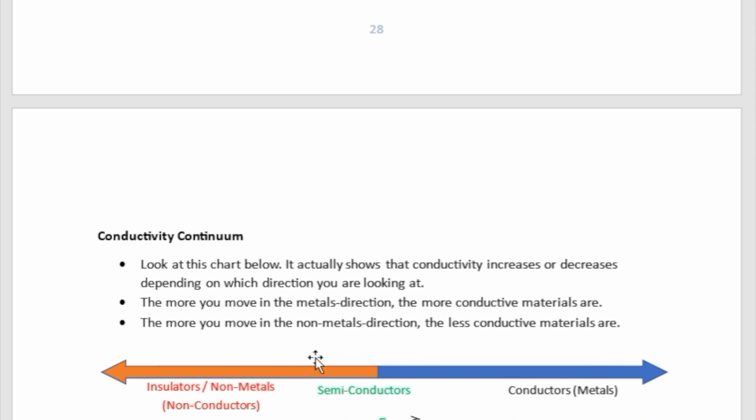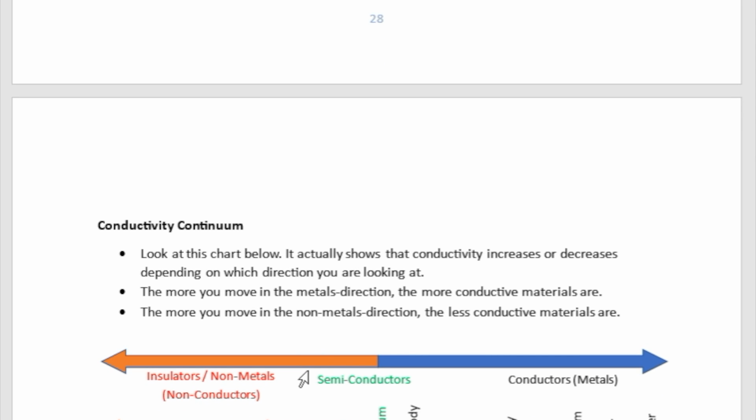So these different kinds of materials establish for us what we call the conductivity continuum. What's the meaning of that? As you go down this continuum to the left, things become more insulative, more non-conductive. And as you move over to the right of this continuum, materials become more conductive.